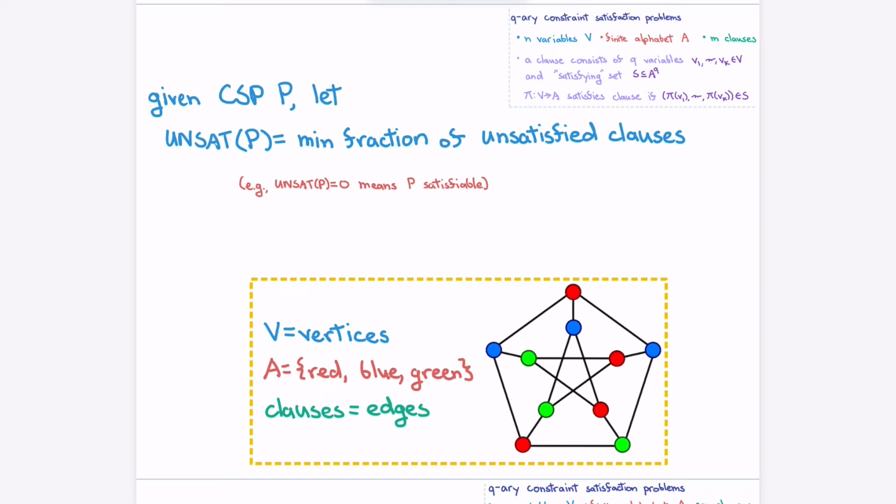So it's like opt, but you're focusing on the minimum you can miss as opposed to the maximum you can satisfy. And it's relativized between 0 and 1. So 0 means satisfiable. So just distinguishing between 0 and non-zero is NP hard.